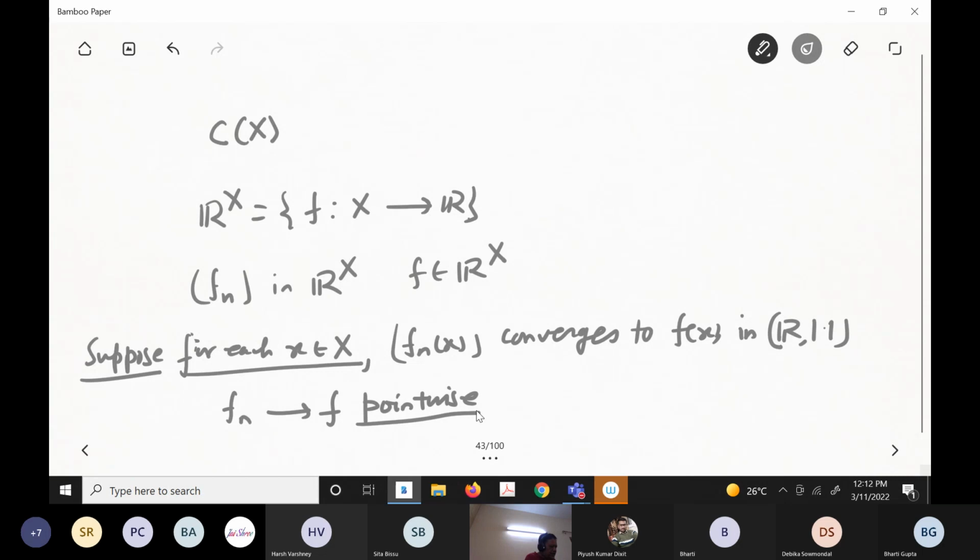Pointwise convergence is actually shifting the convergence to the real line. You could have complex plane if you had complex valued functions.